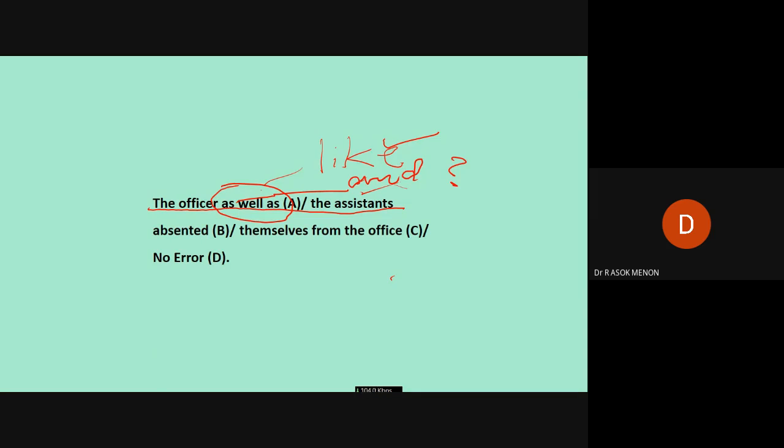The assistants are used only to compare with the officer. So the actual subject is officer, that is singular. Therefore, themselves should be himself. Yes, Advik, himself: the officer as well as the assistants absented himself. Yes, correct.